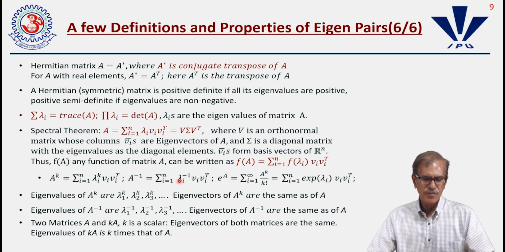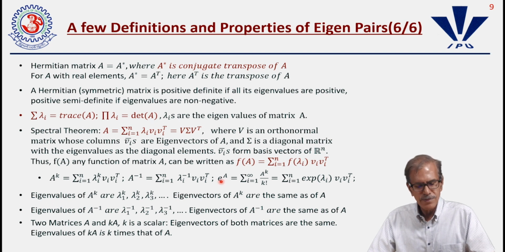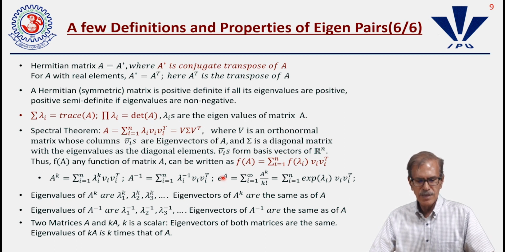So if the first eigenvalue is 3, it will be 1/3. The second eigenvalue 2, it will be half, like that. And again, if you want to compute the exponential of A, we can use the series expansion of the exponential, 1 plus x plus x squared over 2, and so on.